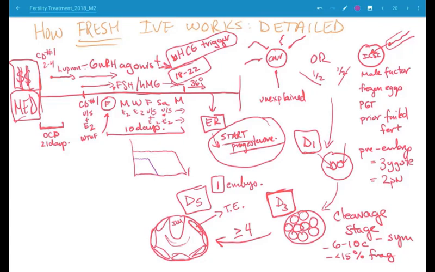So it's going to drop off very quickly. And if it drops off quickly, and they have no exogenous progesterone supplemented, then the endometrium will not see enough progesterone to be prepared in order to accept the embryo when it's placed. So progesterone supplementation, can't stress this enough, is a critical component of implantation.